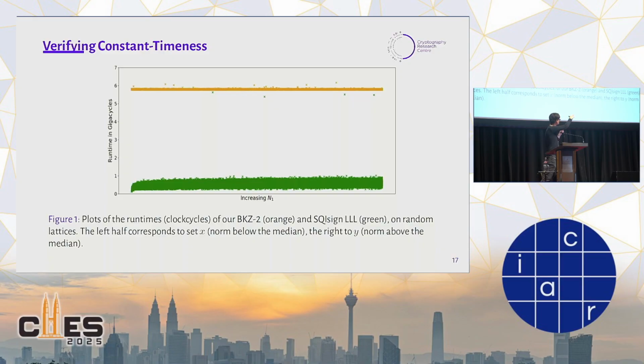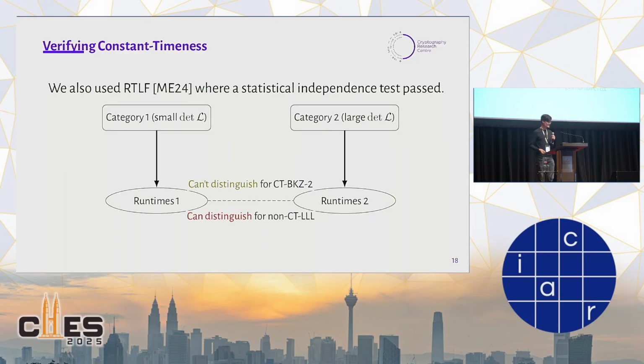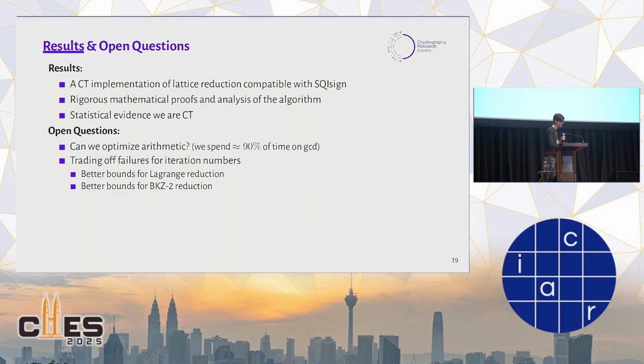So our runtimes do not depend on the determinant of a lattice. We also made a statistical test using the RTLF tool, and it said that we are constant time, proving it statistically.